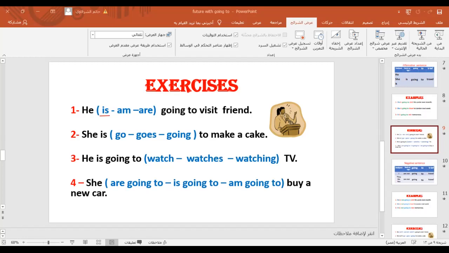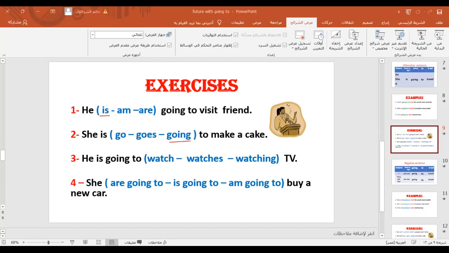Here we use make in infinitive. I can't say she is go, no, it's wrong. She is goes, no, it's wrong. The right answer will be, excellent, going. She is going to make a cake.